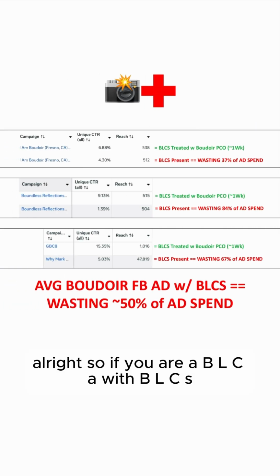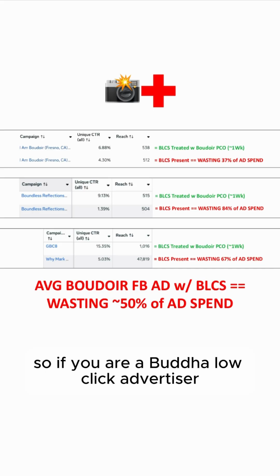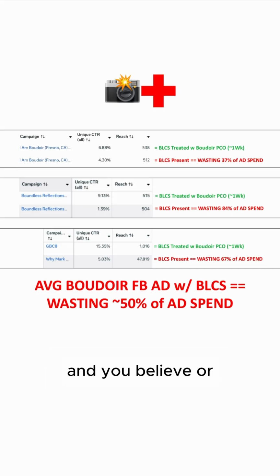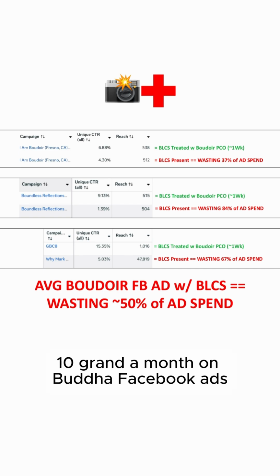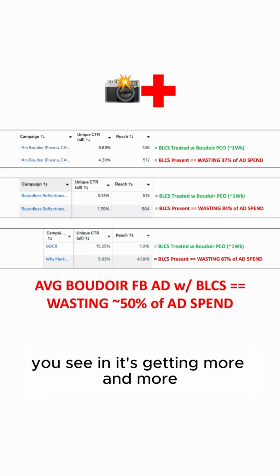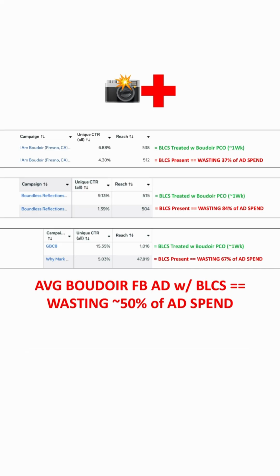All right, so if you are a BLCA with BLCS, so if you are a boudoir low click advertiser with boudoir low click syndrome, and you're spending more than 10 grand a month on boudoir Facebook ads, and you look at the marketplace, you see it's getting more and more saturated for boudoir photographers.